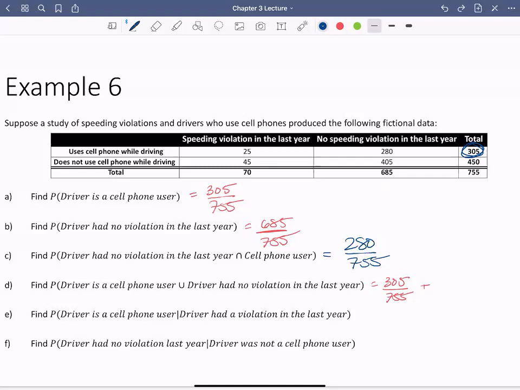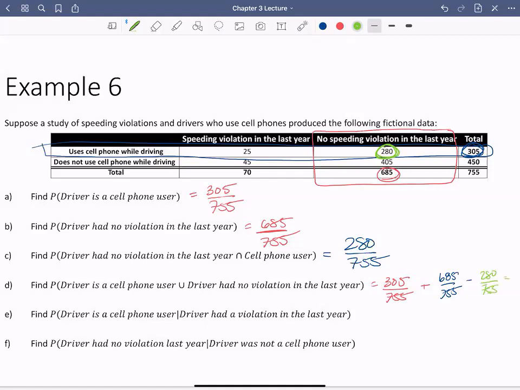And what I want to show you is, look, I've used this column and I've used this row. What did I use twice? I used the 280 twice, which means that first, I'm getting ahead of myself. This should be 685 over 755. But I've used the 280 twice, so I'll do minus 280 over 755.